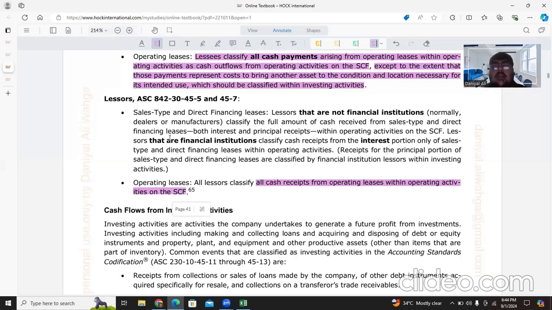Here you can see that if you are a financial institution, then your cash receipts as an interest portion, whatever that interest portion is from a total payment, whether it's $10 or $20, $100 or $1,000, should be part of your operating activities.